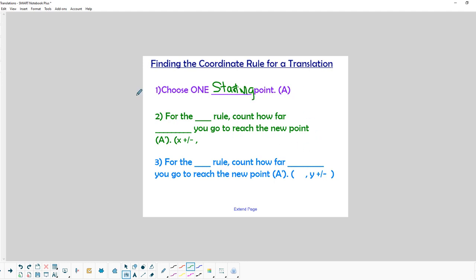Say A. And then for the X rule, to figure out what we do for the X, we count how far left or right you go.